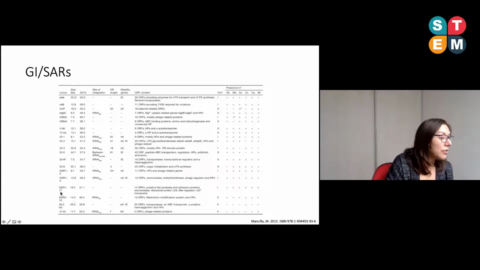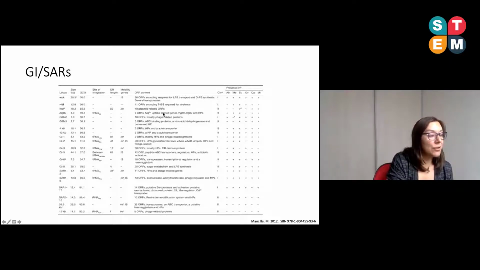There are several genomic islands and shared anomalous regions that have been reported in Brucella, and their presence seems to be species specific. For example, here you can see this one that's named INC-P is absent in abortus and melitensis, but is present in canis and microti, just to give an example.